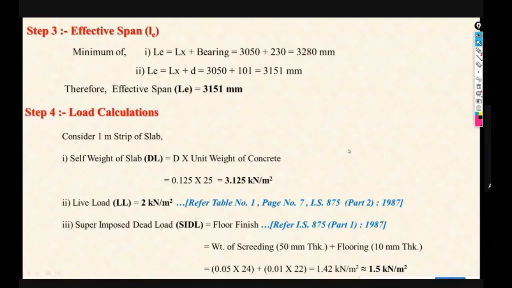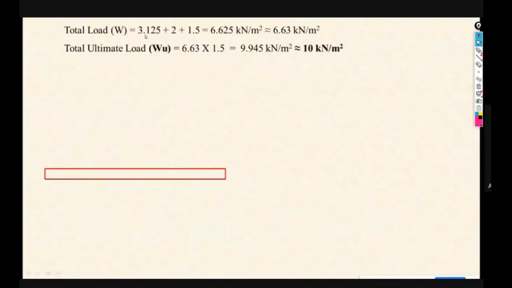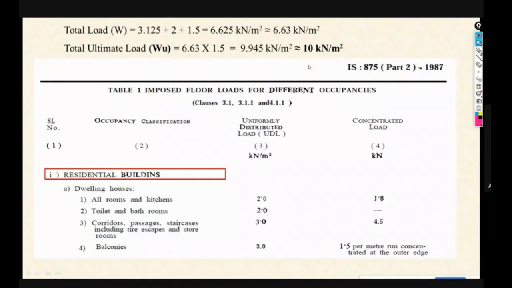Now calculate the total load: 3.125 plus 2 plus 1.5, that is 6.625, which is a working load, approximately 6.63. Convert it to design or ultimate load by multiplying by 1.5, so it's 9.945. So consider approximately 10 kilonewton per meter square. Now the total load on the slab is 10 kilonewton per meter square.